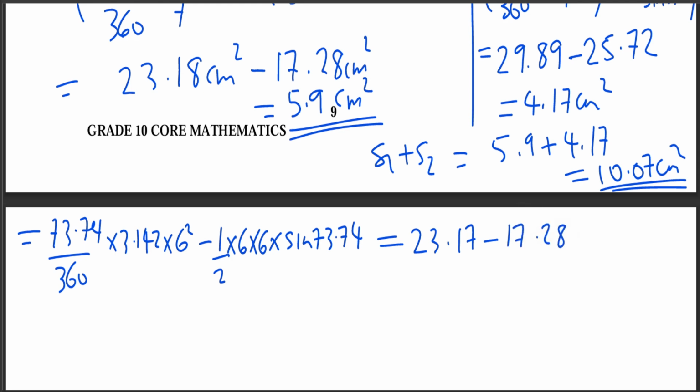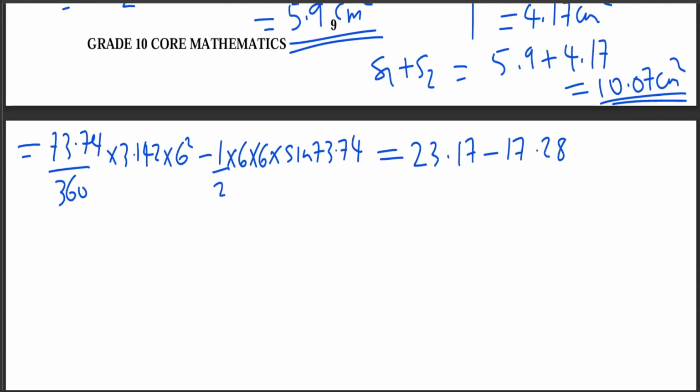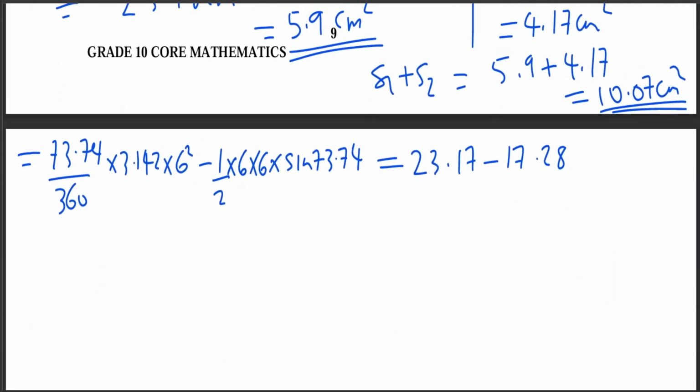Sawa, so if you subtract 23.17 minus 17.28, itatupa 5.89.